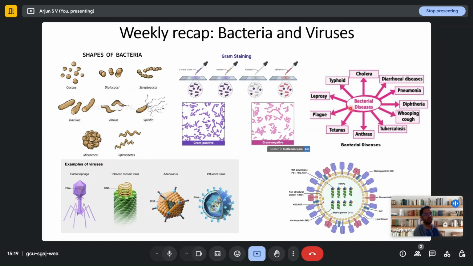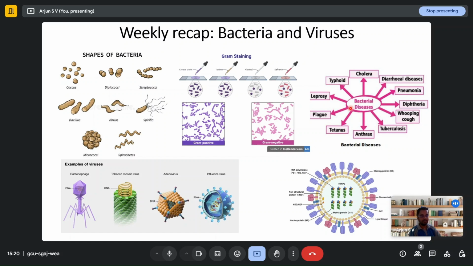We also saw the different uses as well as the different diseases that can be caused by bacteria, such as anthrax, typhoid, and pneumonia. On the other hand, bacteria can also be used for many useful purposes, such as recycling of organic waste, decomposition, and nitrogen fixation.